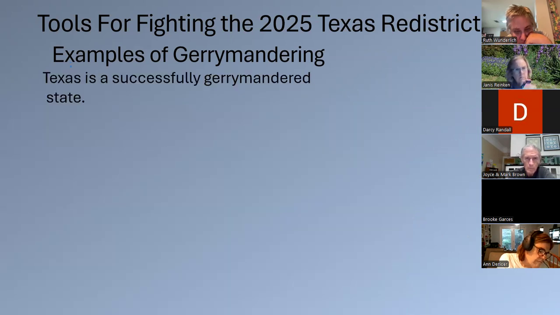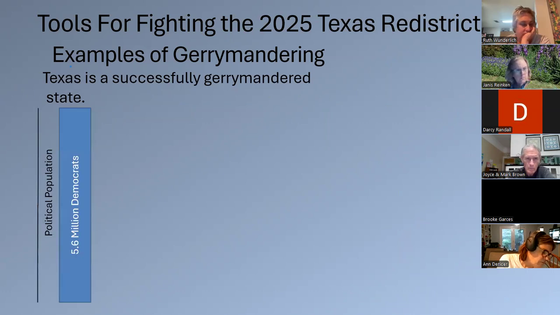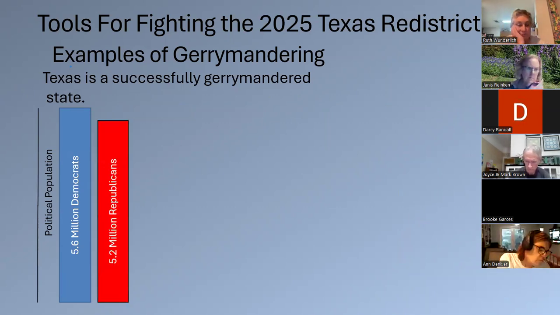So Texas is a very successfully gerrymandered state. These are 2019 numbers, but they're roughly the same as today. There are 5.6 million identifiable Democrats in Texas versus 5.2 identifiable Republicans. Remember I said you don't have to have the majority, you just have to have the control. This is an example of it.